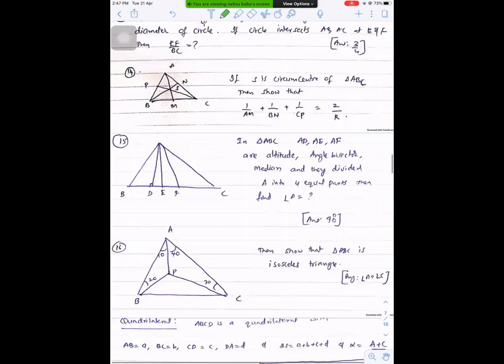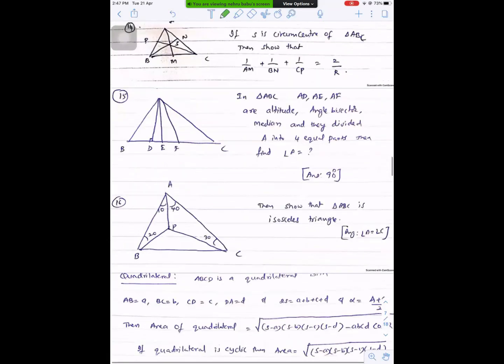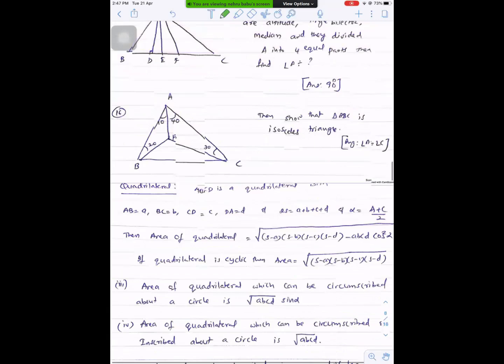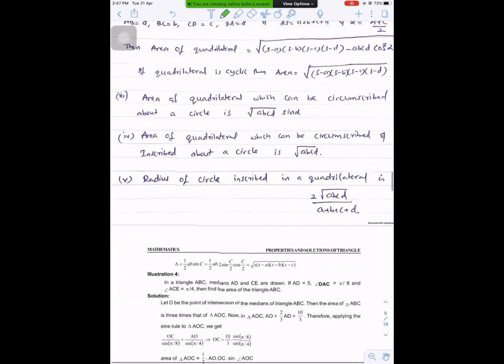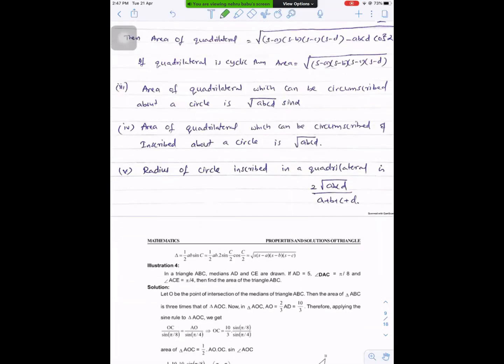Sir, in our assignment there is one more question, a nice formula type. Relations between areas and lengths of perpendiculars.